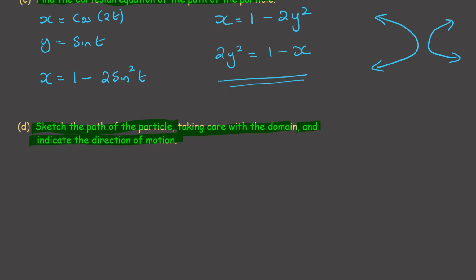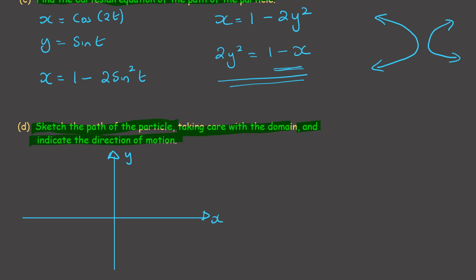So, if x is equal to 1, we would have that y is equal to 0. So let's just get ourselves some axes. Like so.